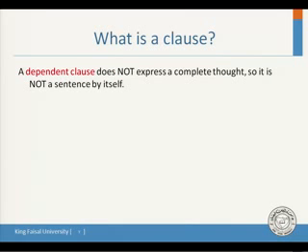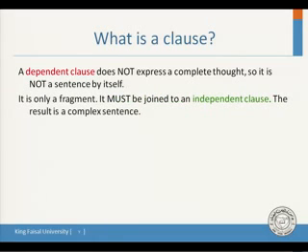Now, a dependent clause is not a sentence. Why? Because it does not give or express a complete meaning or a complete thought or idea. So it's not a sentence. It's a fragment. It's only a piece of a sentence.